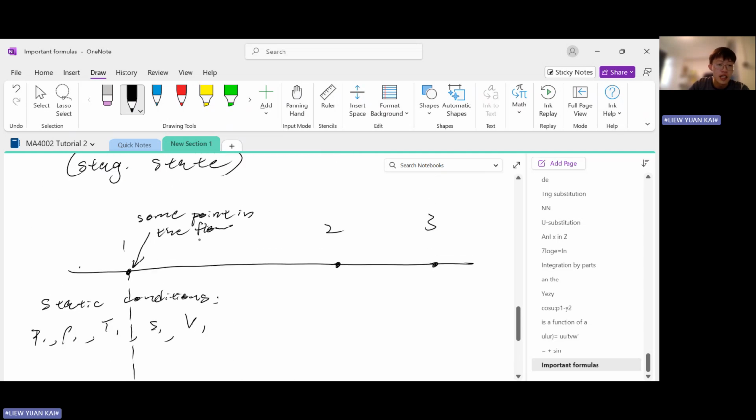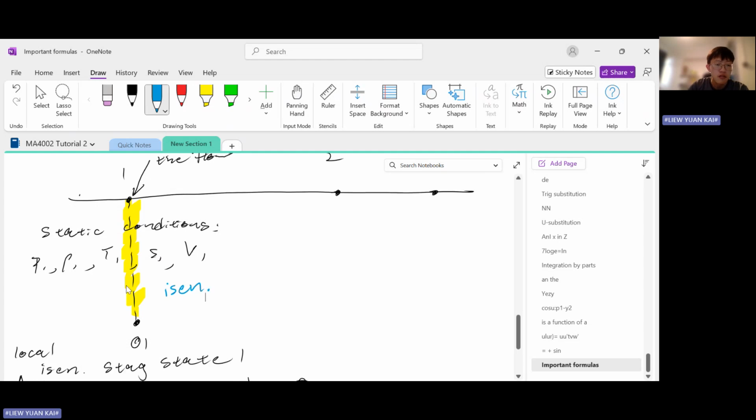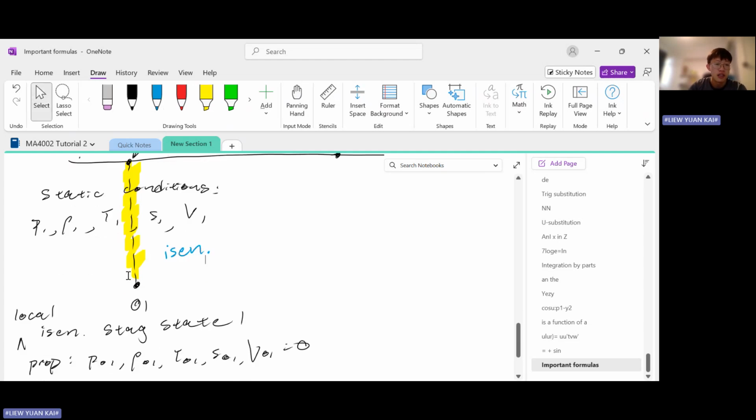Okay, so initially at some velocity v1, right? But then if we let it undergo an isentropic deceleration, okay, which is this dashed line, this is an isentropic flow, then it will reach a point of 0 velocity called the local isentropic stagnation state, right?